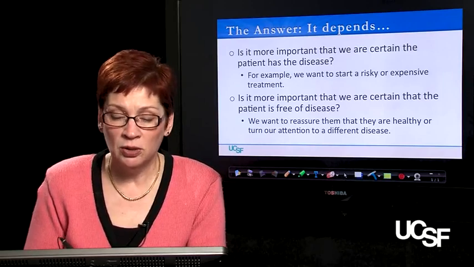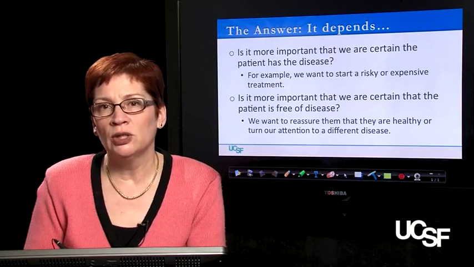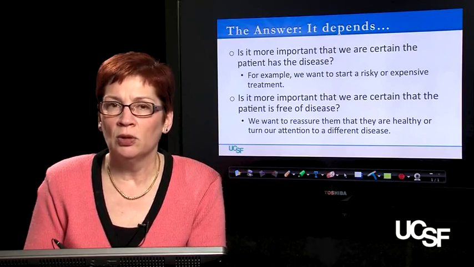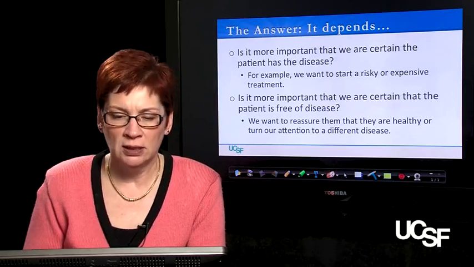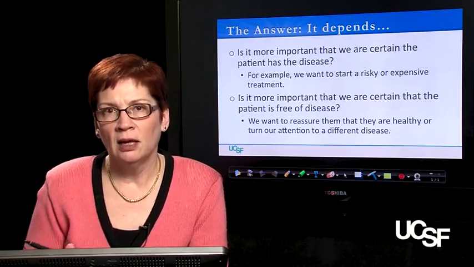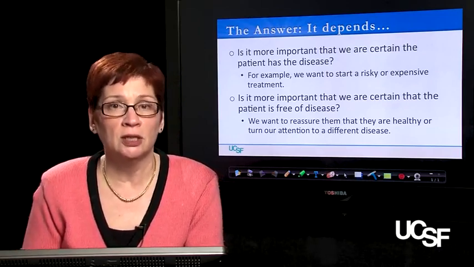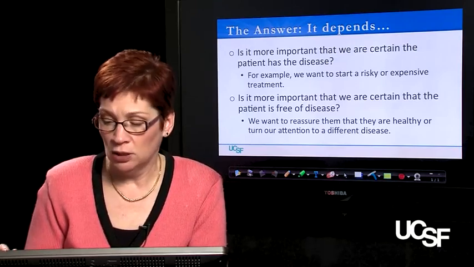Or is it more important that we're certain that the person is free of disease? And that would be the case if we want to reassure them that they are really healthy, or if we want to make sure that we're no longer considering a distracting disease and we want to turn our attention to considering a different disease. And by the end of this module, hopefully you'll be able to identify the circumstances and the right type of tests to answer each of these questions.